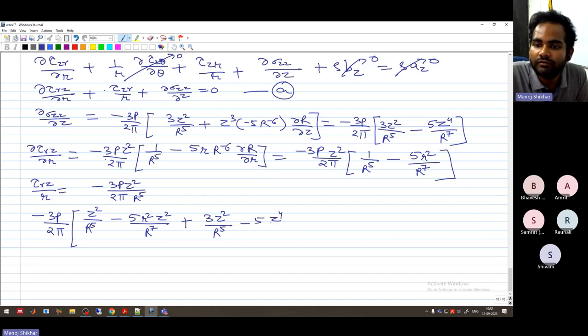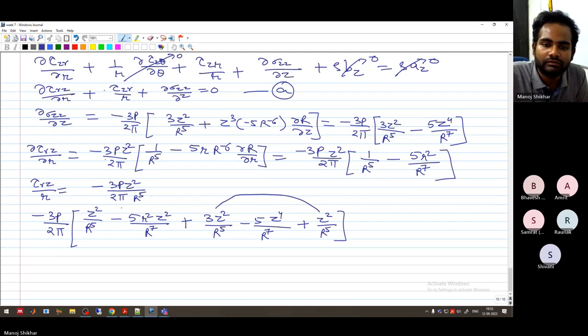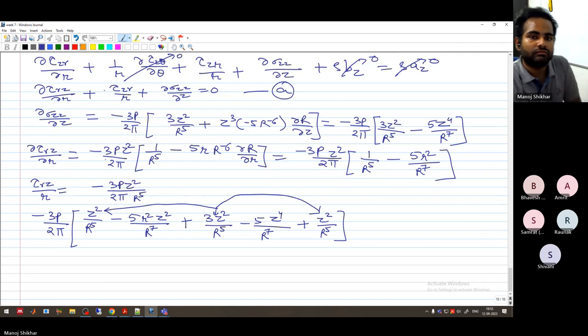Minus 5z power 4 r to the power 7. And from here we are getting z square upon r to the power 5. Okay. So we can club these three. And we can club these two.